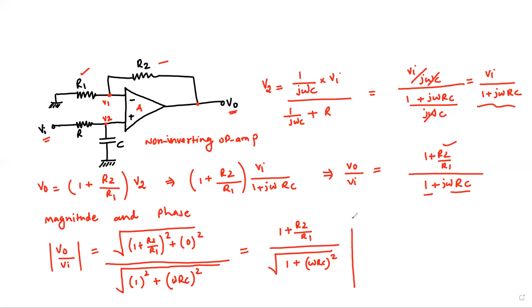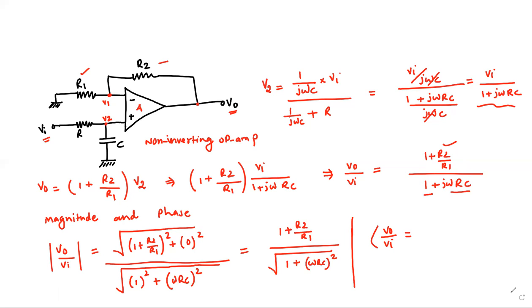Similarly, we can get the value of the phase of this output voltage, the ratio of output to the input, which would be the phase of the numerator, which is 0 right here. Why is it 0?